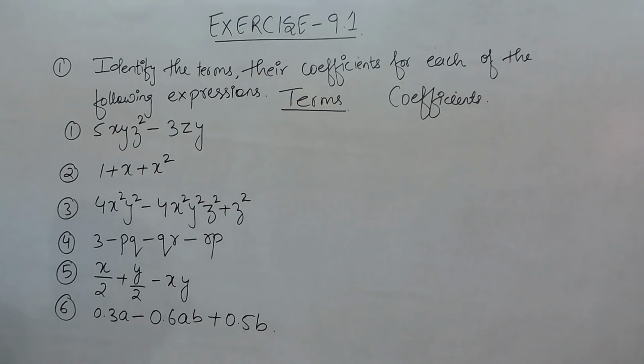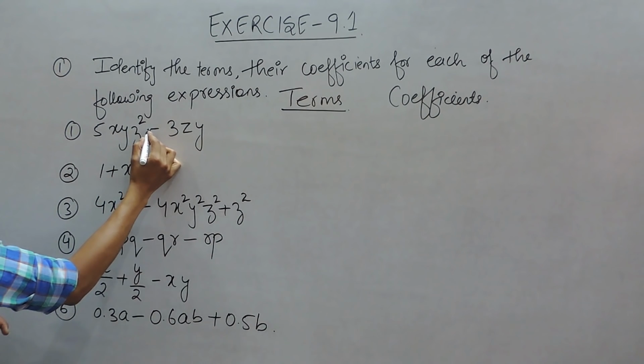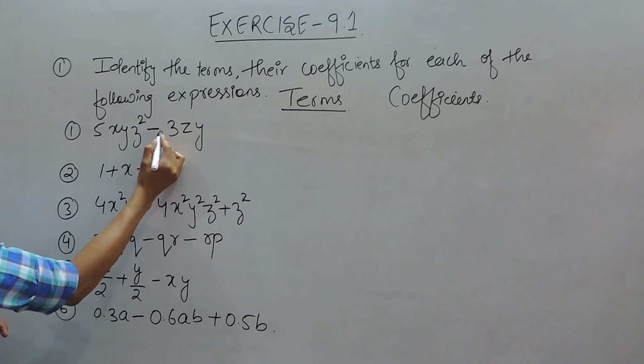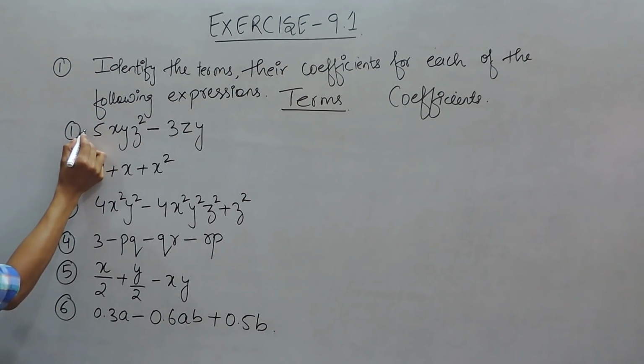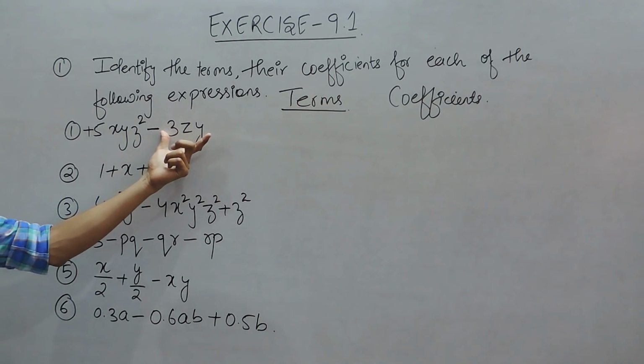To identify the terms, you can distinguish them by the number of signs the expression has. In this expression we have two signs, one negative, and here because nothing is written, this can be considered as positive. So we can say there are two terms.